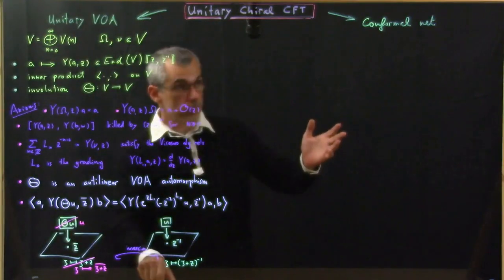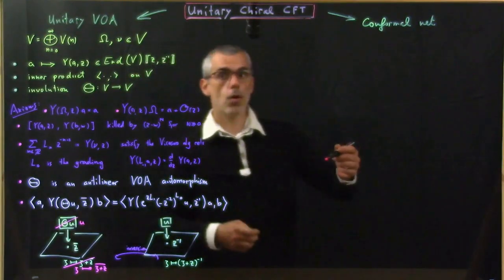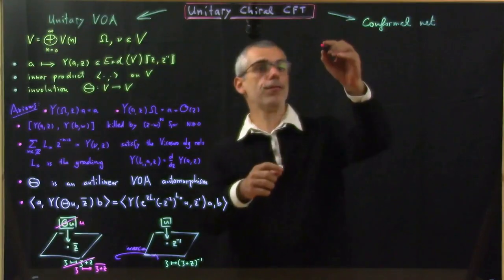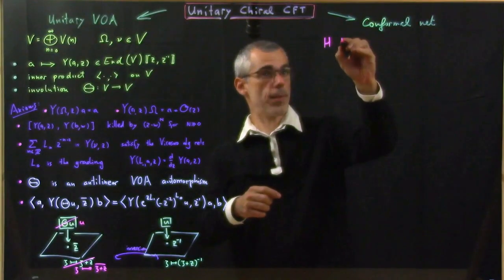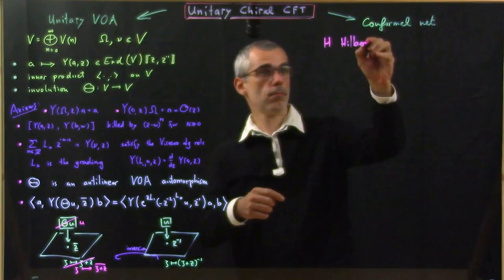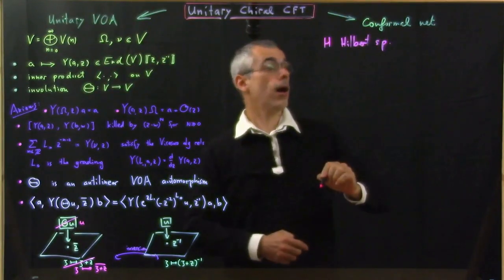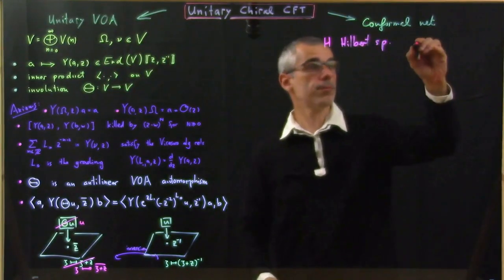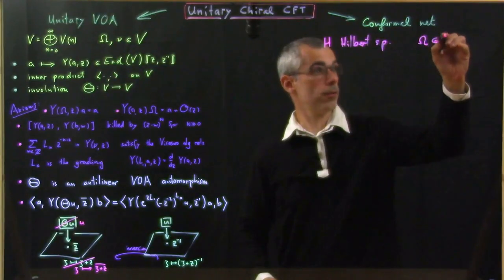Now let me tell you about conformal nets. So a conformal net consists of a Hilbert space together with a distinguished vector, omega, again called the vacuum.